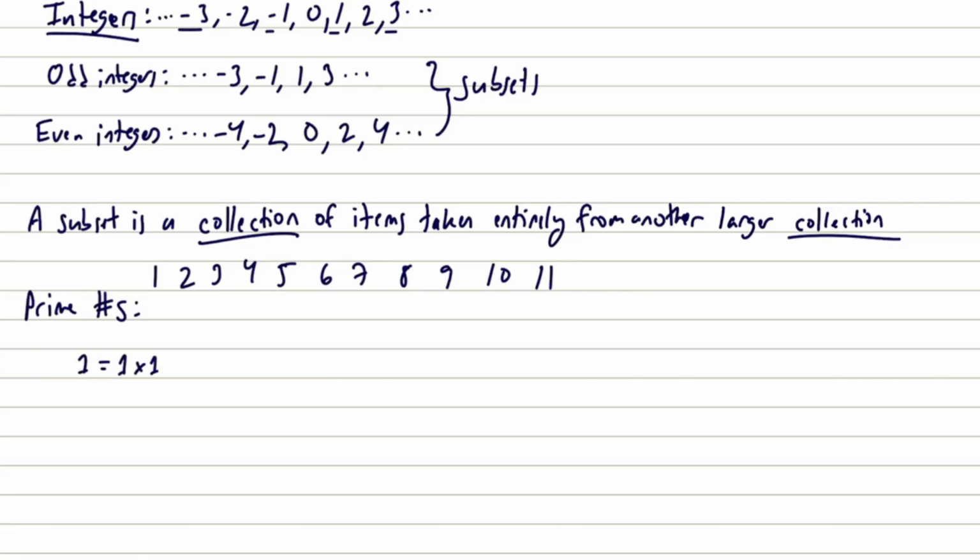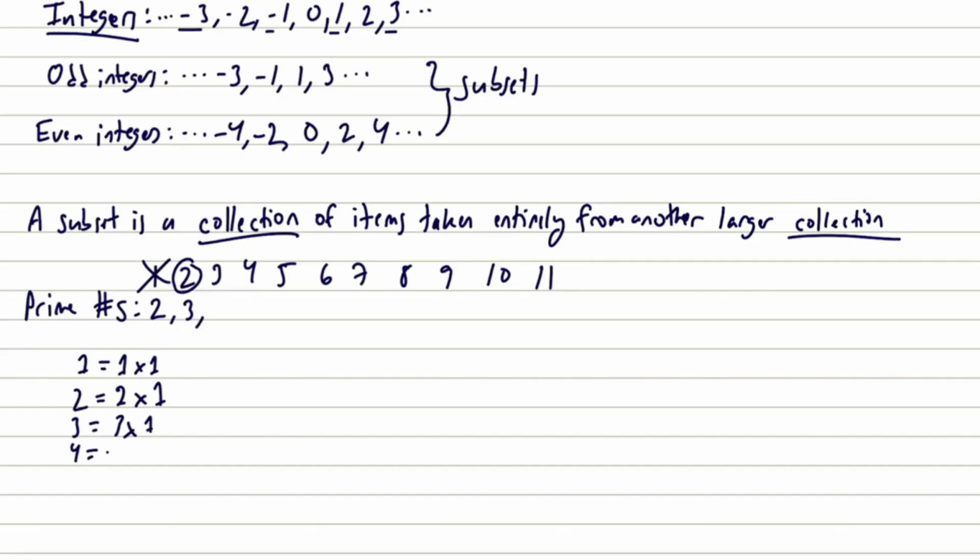That only has one factor, so it is not a part of the prime numbers. 2 can only be multiplied by 2 times 1, which means 2 is a prime number. 3 is equal to 3 times 1. There's no other way to multiply to get it. So 3 is a prime number.